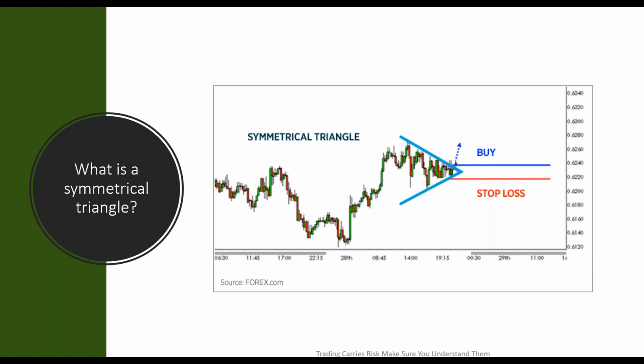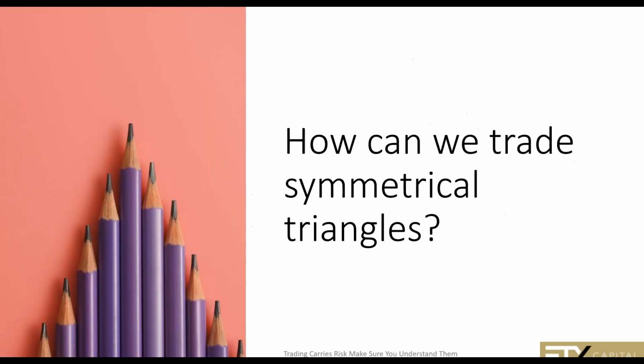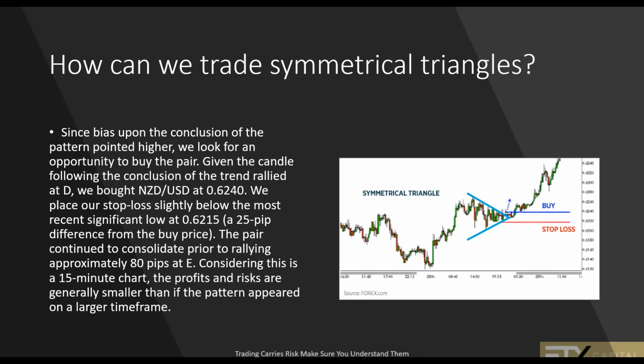Now, we can use that symmetrical triangle to set our buy entry point and also to set our stop loss level. So you can get all this from your symmetrical triangle. So since the bias upon the conclusion of the pattern pointed higher, we can look for an opportunity to buy. But that's a bias, okay?